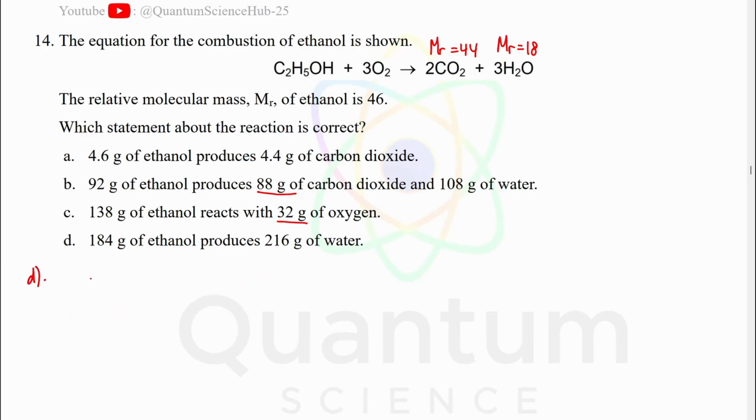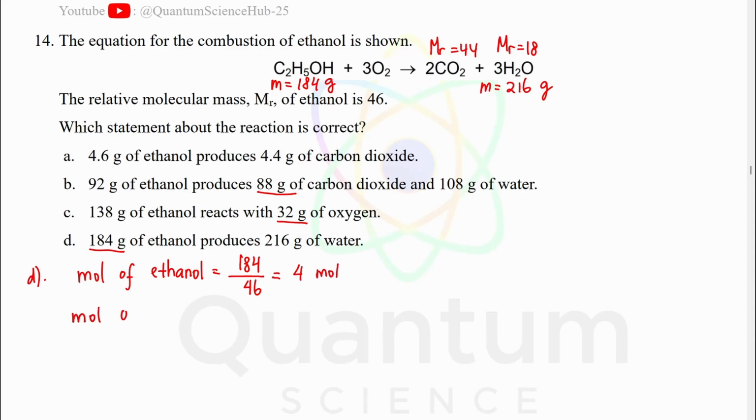Next, option D, we have 184 gram of ethanol and it will produce 260 gram of water. So let's find the mole of ethanol. Mole equals mass over Mr, so it equals 4 mole. Next, we find the mole of H2O.